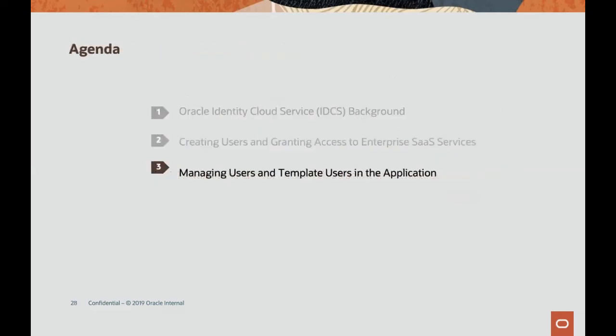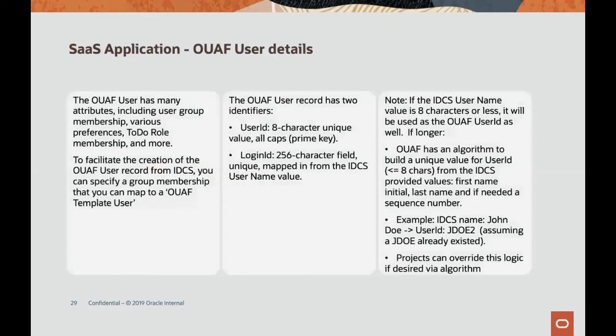Okay, the final section is on the users and template users inside the application environments and how that ties together with IDCS. The Enterprise SaaS applications are built on a common framework that we call OUAF, or Oracle Utilities Application Framework. Each application environment has a user record, with a couple of key fields on it.